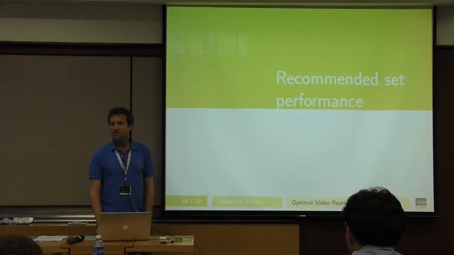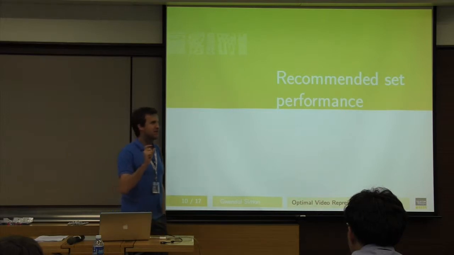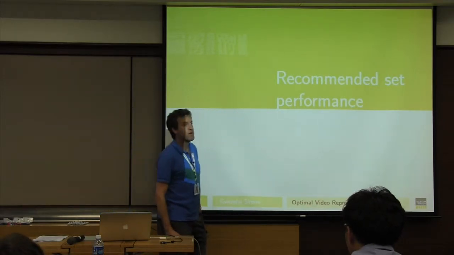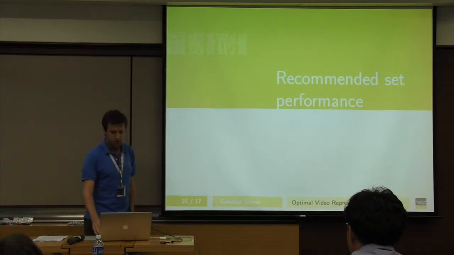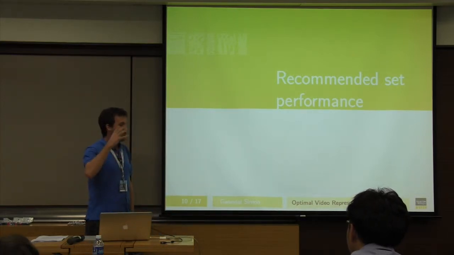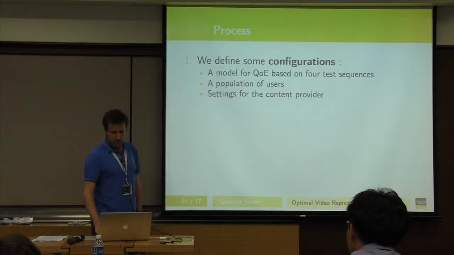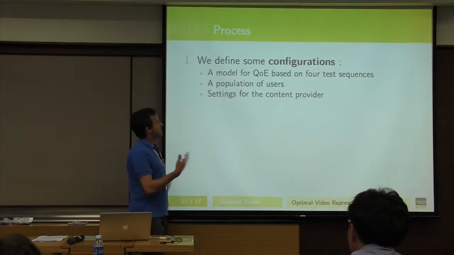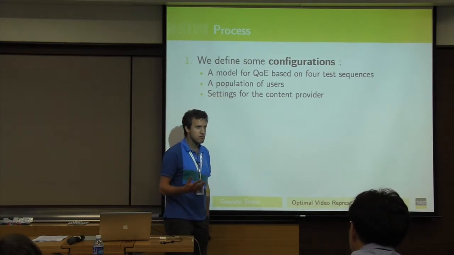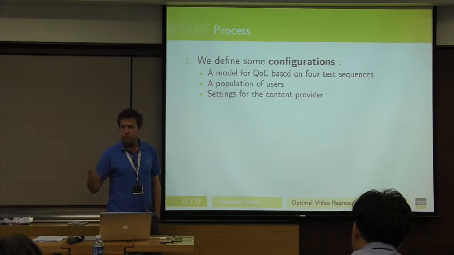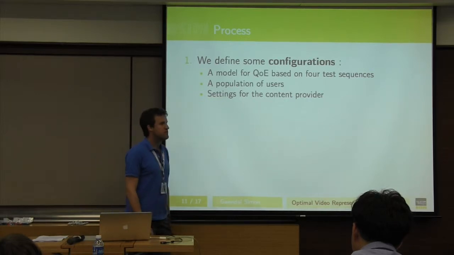So first we try to compare the recommendations for users with the optimal solution. So we are able to compute for one solution the best. So we define some configurations. Obviously you can install everything and build your own configurations.